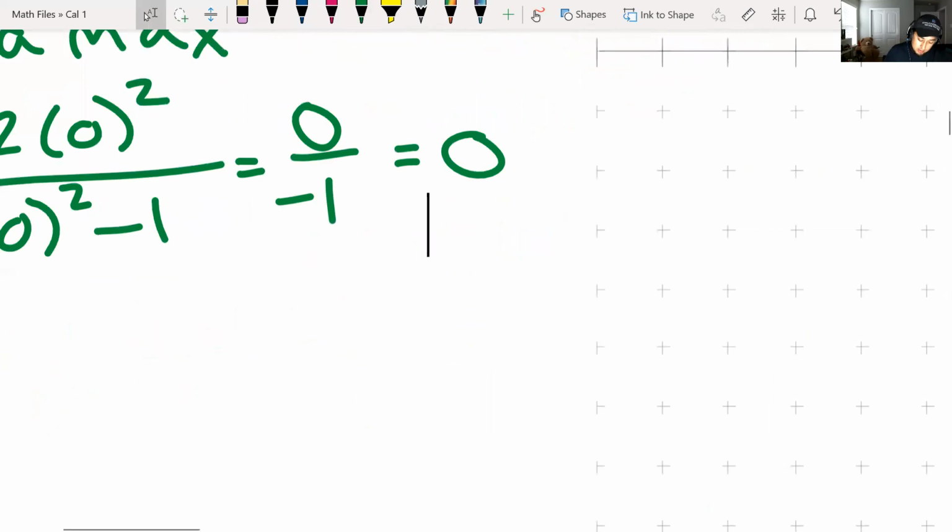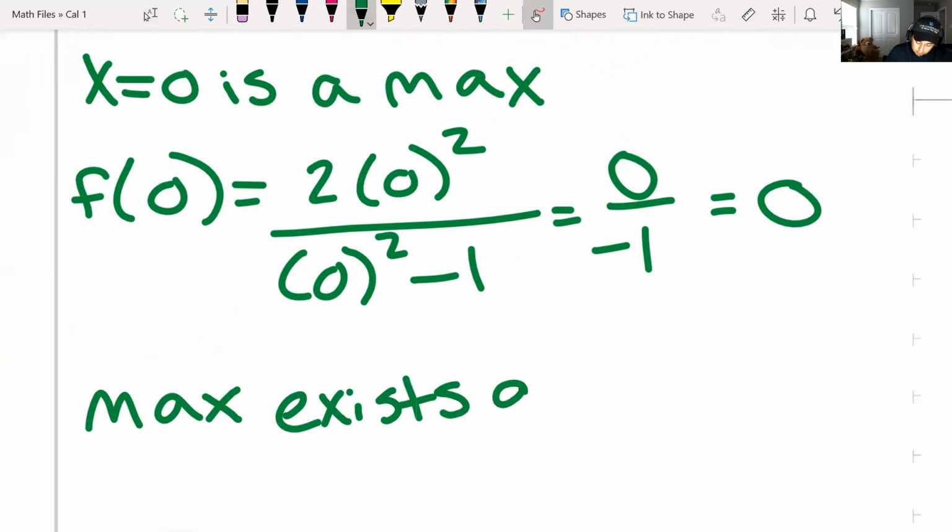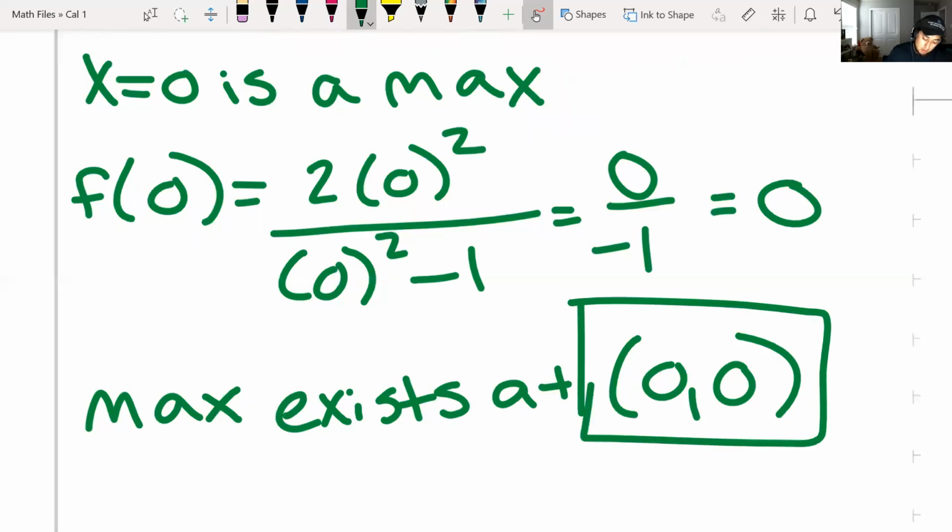So this means that my max exists at 0, 0. But there's my max. Okay.